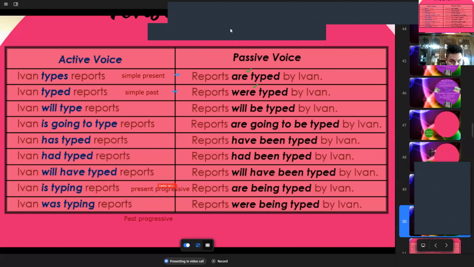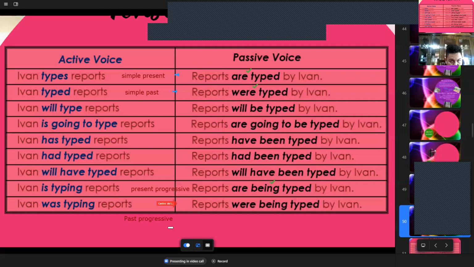Notice that I am using here something showing the passive form of my verb, are being typed, because I am using a different structure, present progressive. In the next example, I am using past progressive.